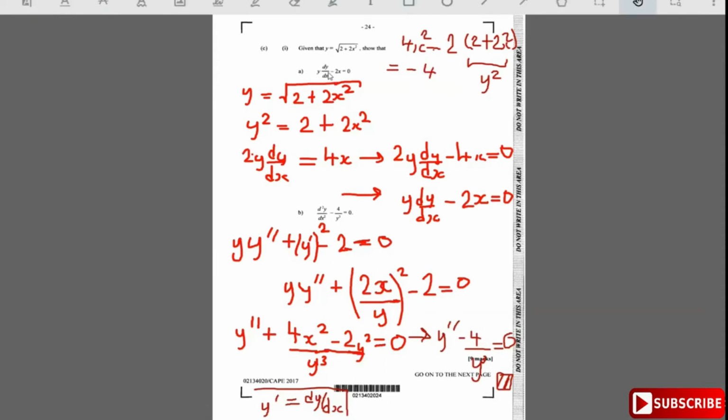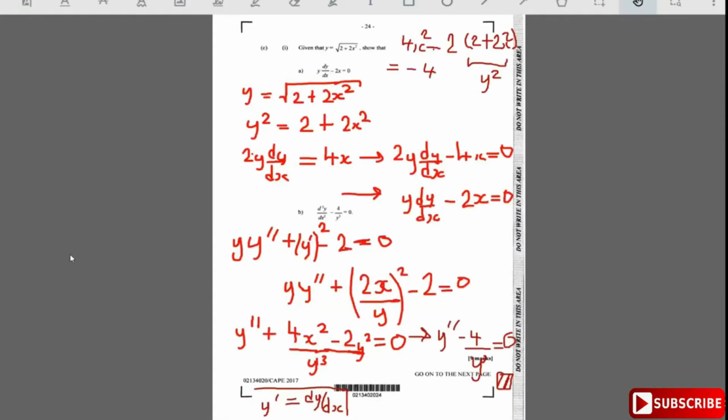All right, it says, hence find the value of d2y by dx squared when x equals 0. So first thing is, when x is 0, I know that y is root 2. Let's write it down.